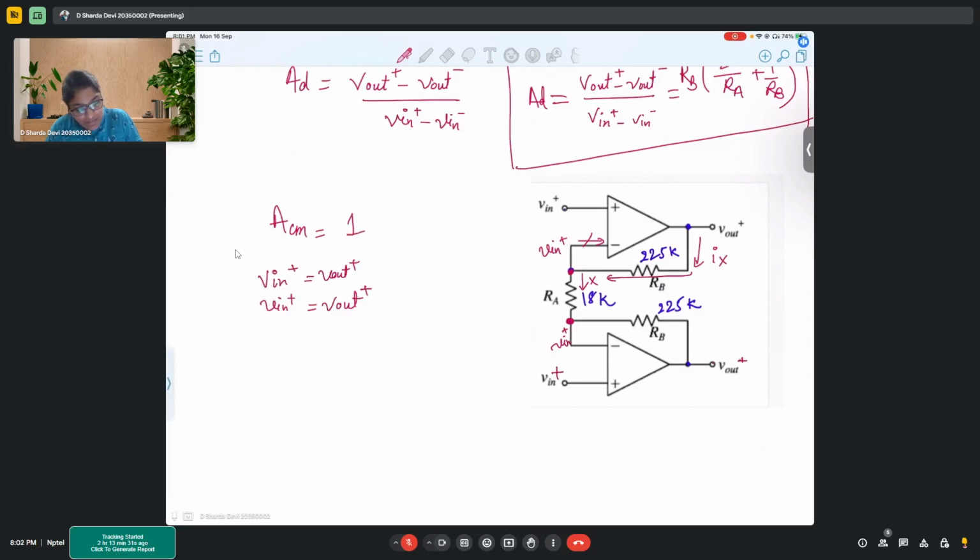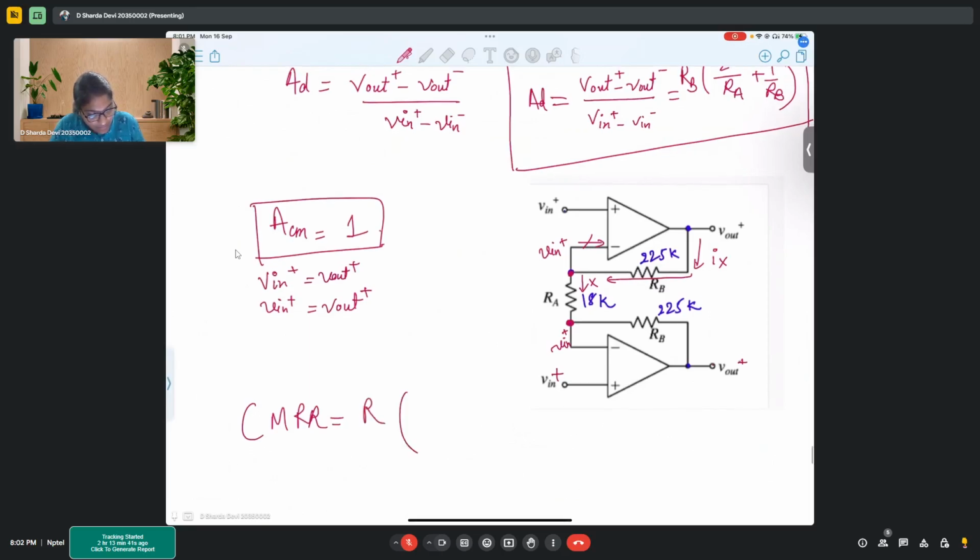So basically both were V in plus, so here both will become V out plus also. So ACM turns out to be 1, right? So the CMRR will become Rb upon 2 upon Rb into 2 upon Ra plus 1 upon Rb. Correct?